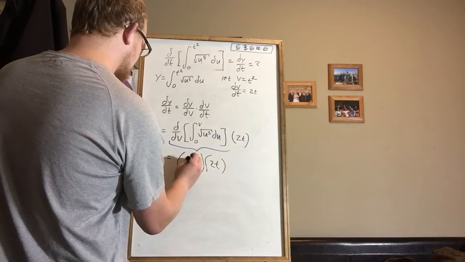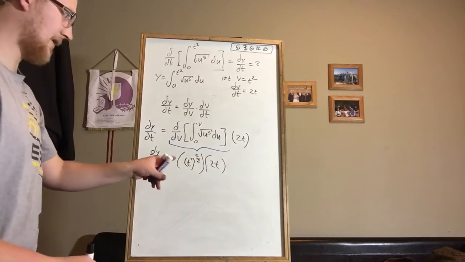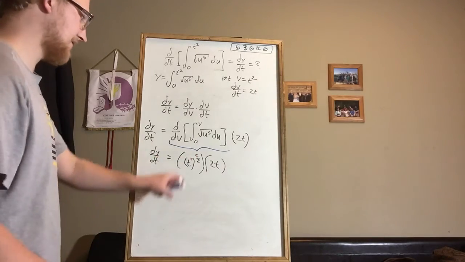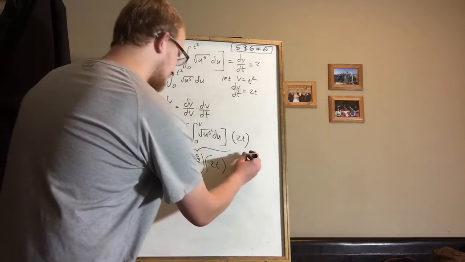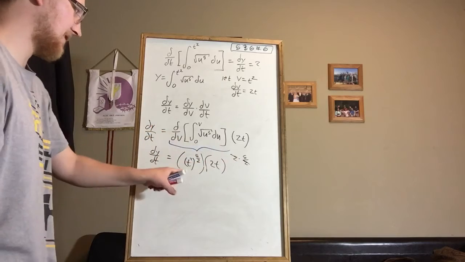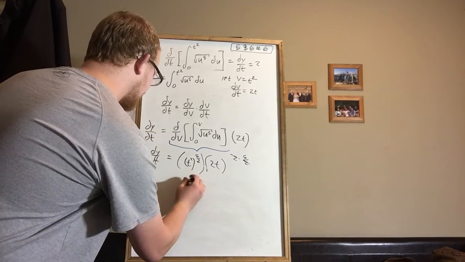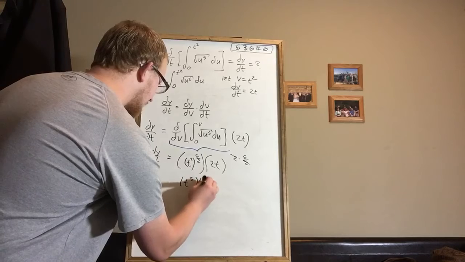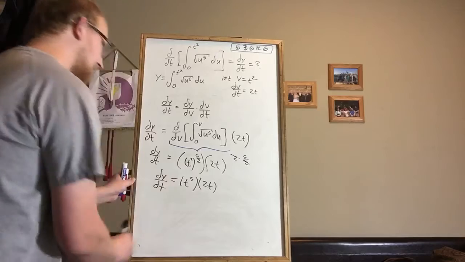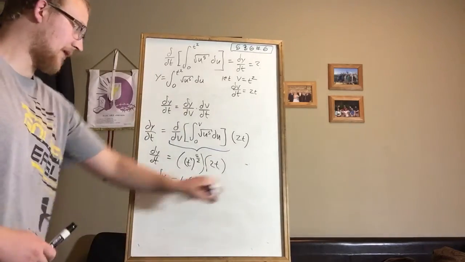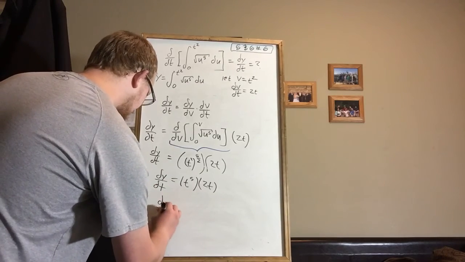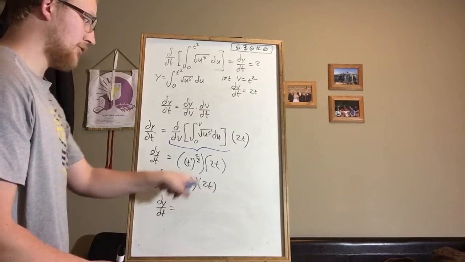So if v equals t squared, and we have a power raised to a power, then we just multiply those two powers together. 2 times 5/2, the 2 cancels out, and you're just left with t to the power 5. So what we have here is t to the power 5 times 2t equals dy/dt. And then we can finish up the problem by multiplying these two things together to find that dy/dt equals 2t to the 6th.